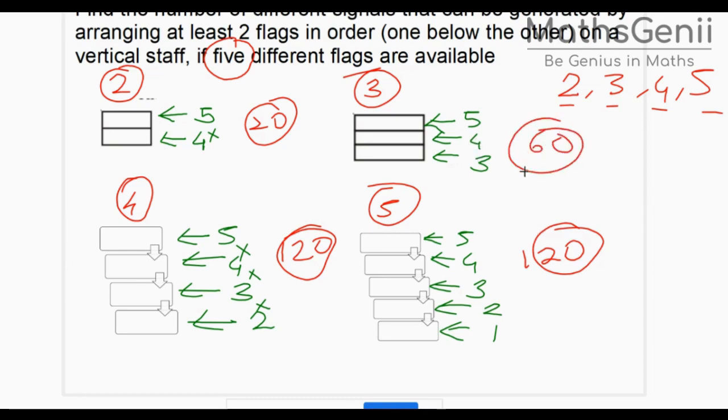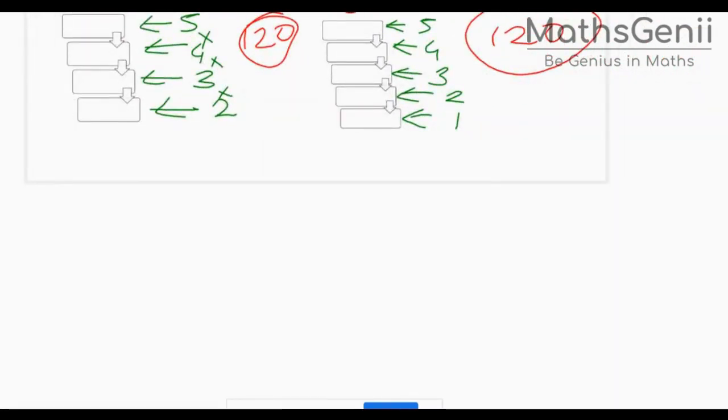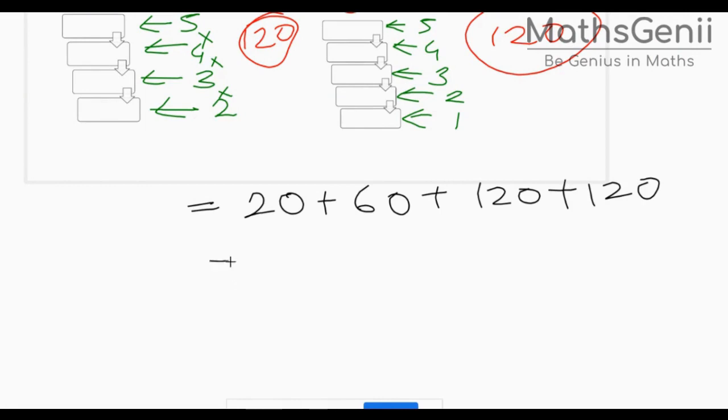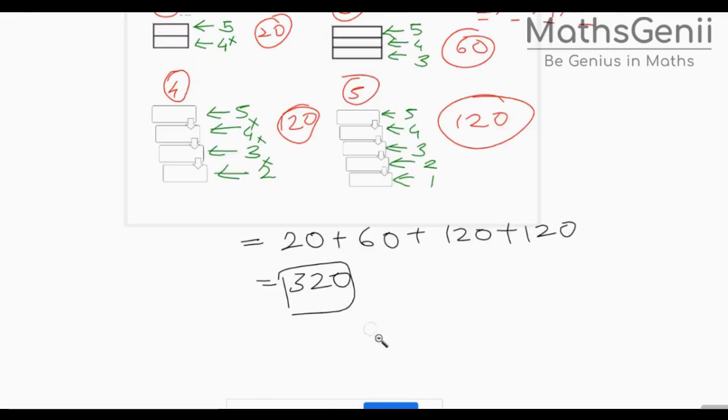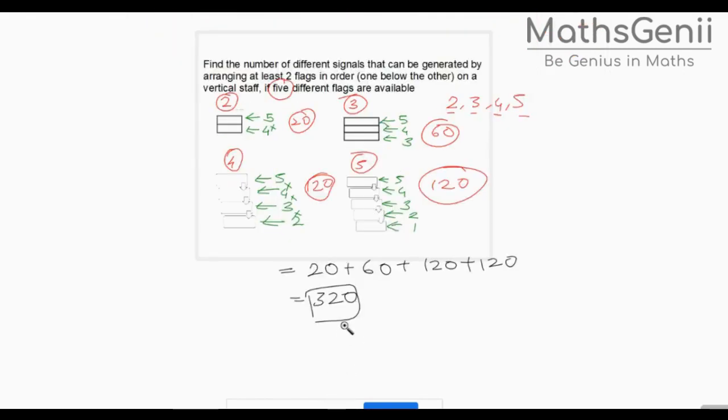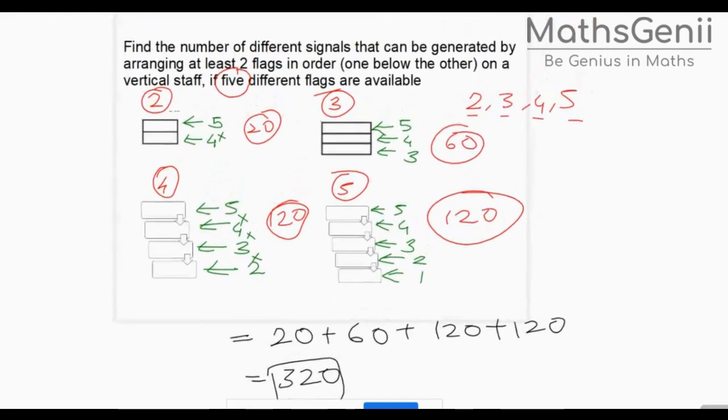So you get 60. So 20 plus 60 plus 120 plus 120 is going to give me the number of signals. So what am I adding? 20, 60, 120, 120, and 320 is my answer. I hope you have understood with the illustration that I had shown on the board.